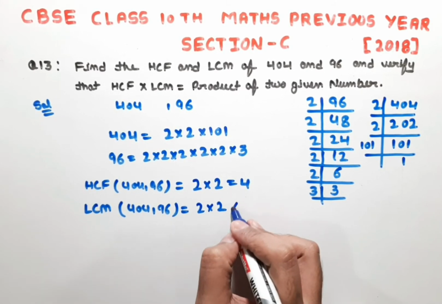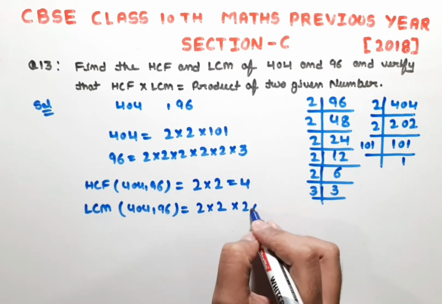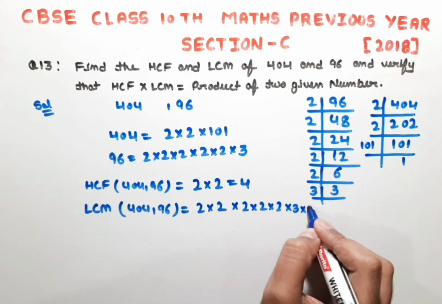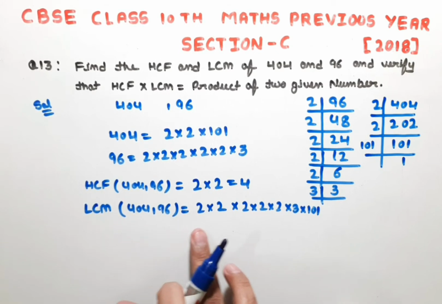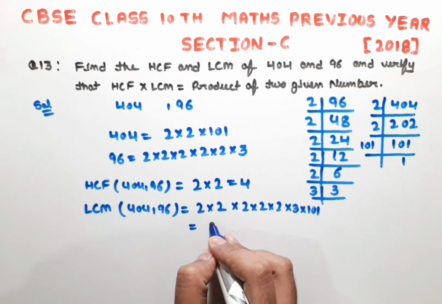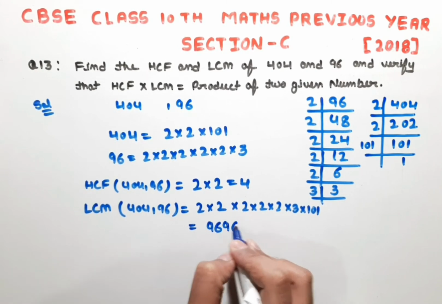Now the left out numbers 2, 2, 2, 3 and 101. The product of these prime factors will be 9696.